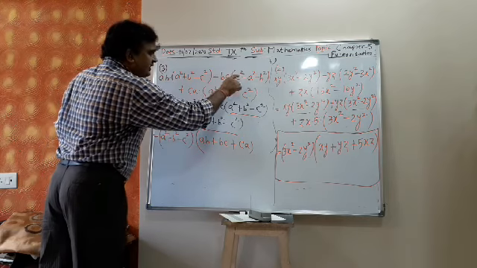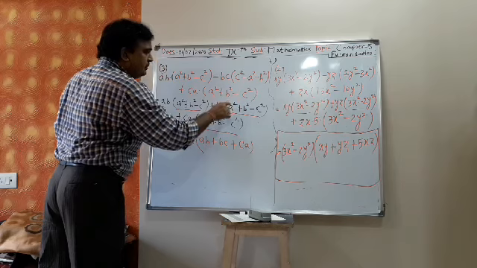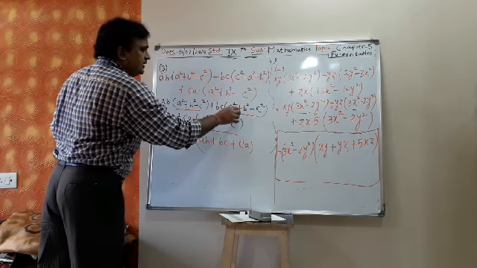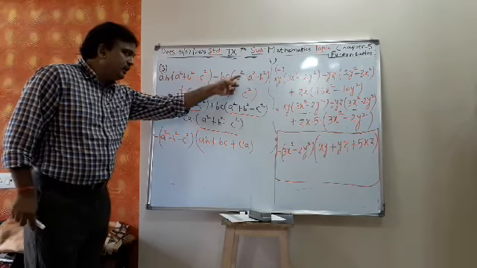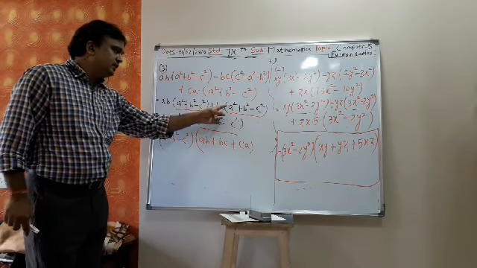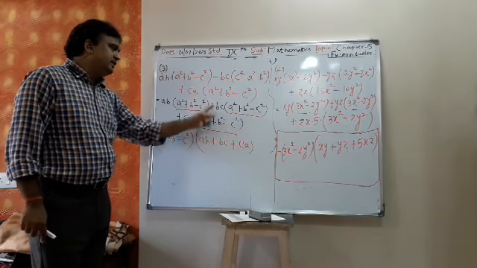Then inside the sign, plus c square becomes minus c square, minus a square becomes plus a square, minus b square becomes plus b square. So when I take minus outside, and minus inside, it will be plus bc.